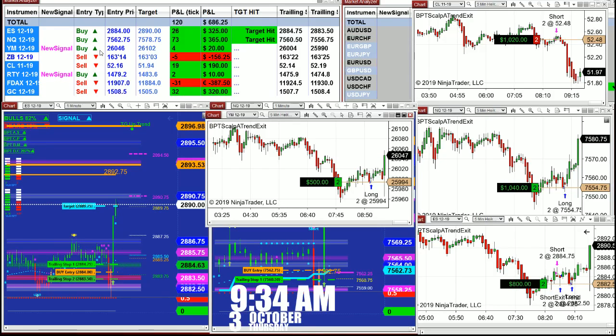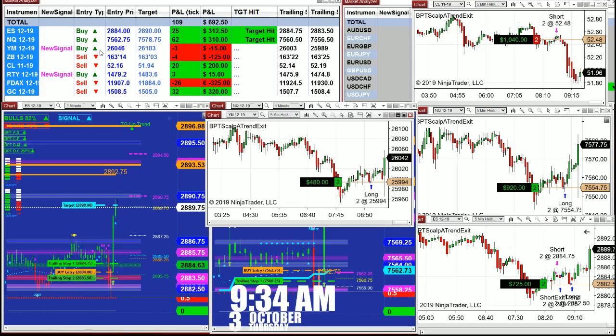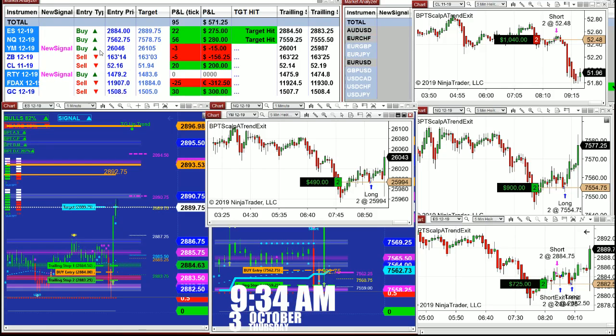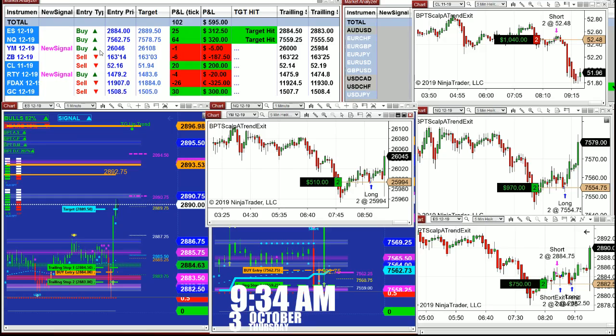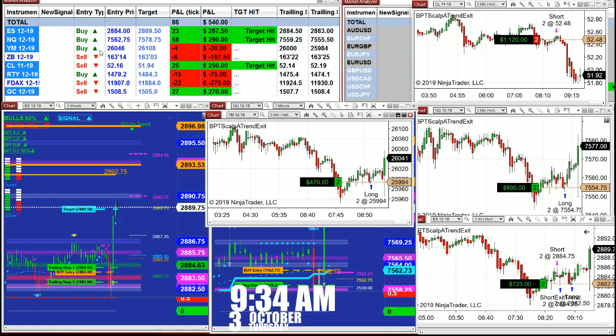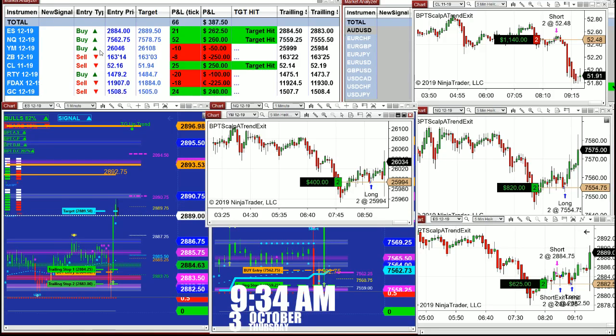Buy at 26,046. Now the YM goes in the same direction as the ES and NASDAQ. This is a really fast market, extremely fast. If you don't like this fast market, just wait. We can always catch a trend on the pullback re-entry.